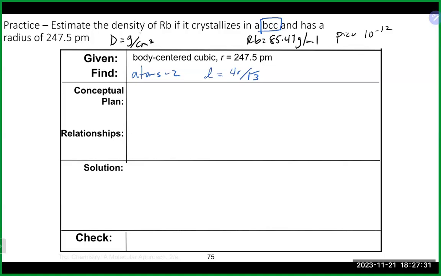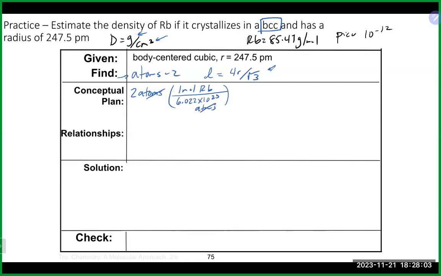We really need to end up getting grams, which is going to come from our atoms, and our volume, which is obviously going to come from our radius, which was given to us in picometers. So I'm going to start with the atoms and roll through a similar calculation. 2 atoms. We will need Avogadro's number to convert it into moles, so Avogadro's number on the bottom and a mole of Rb up on top. That gets rid of atoms.